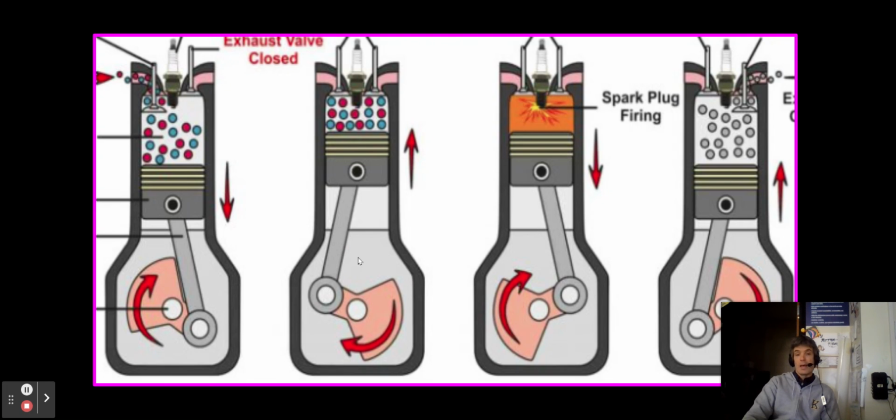All right, and this is doing work on the system, and then boom, I have an ignition, and that expands the cylinder. So now the system is doing work on the surroundings. So this piece here to here, because the surroundings is compressing my system, that is endothermic, and this is exothermic.